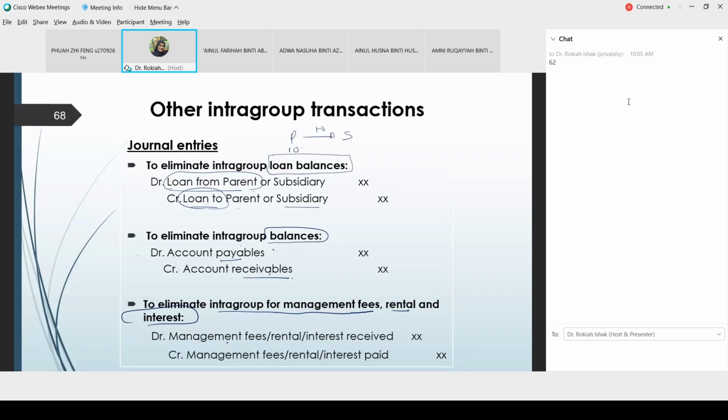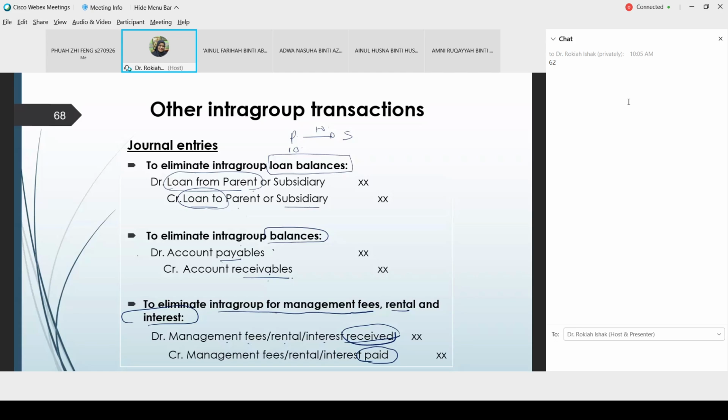So debit management fees, rental or interest received, and credit paid. Receive and paid; payable and receivable; loan from, loan to. That is what we have for other intra-group transactions.